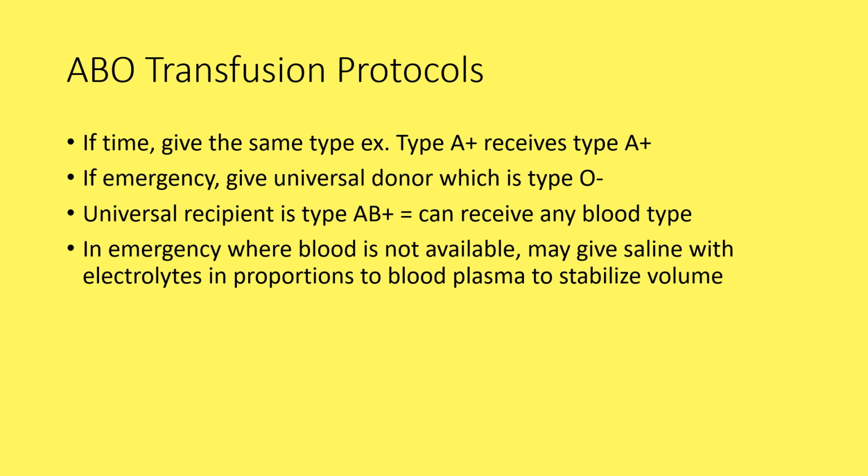Universal recipient is type AB positive. They can receive any type of blood. So if a patient knew what they were, if they're AB positive, you can give them anything.